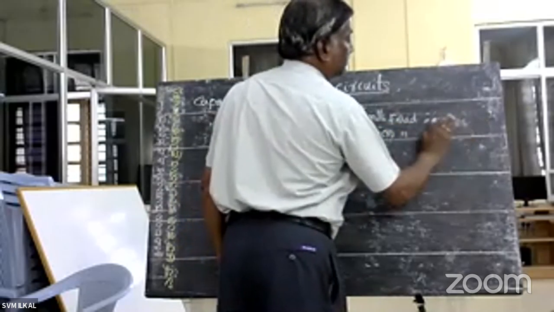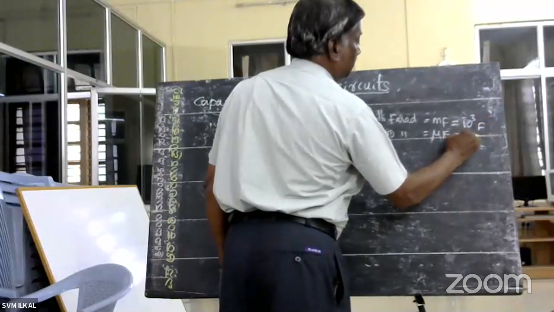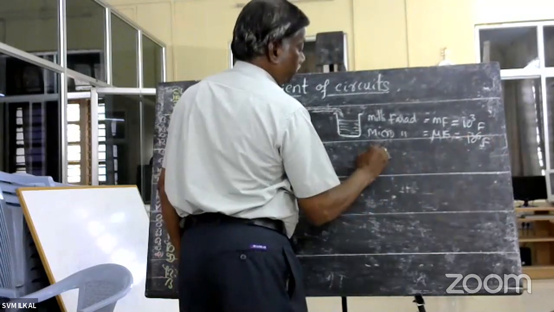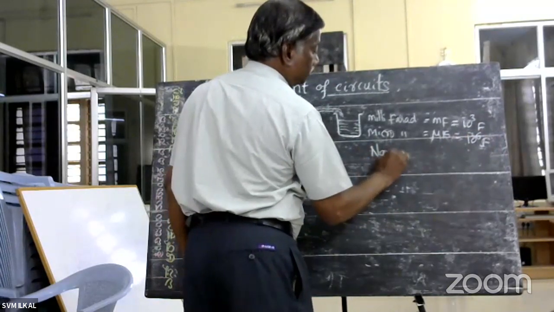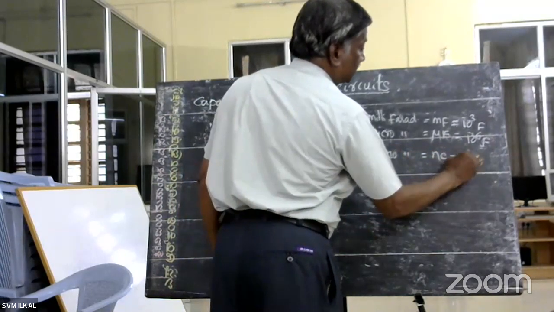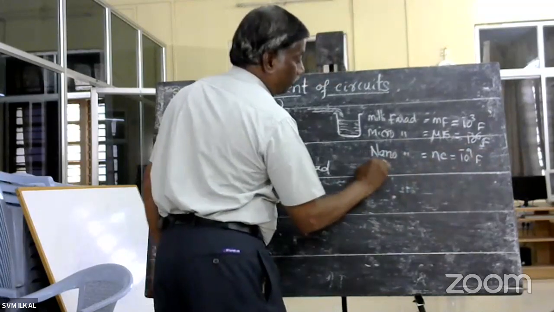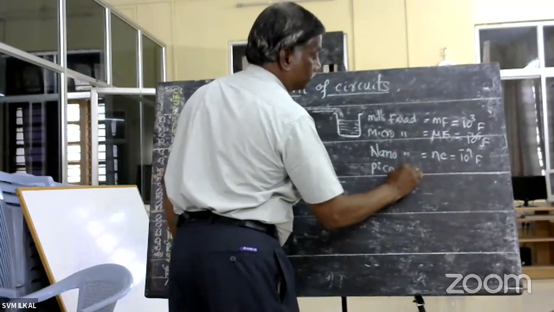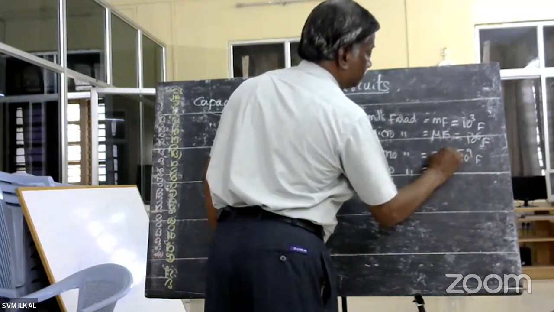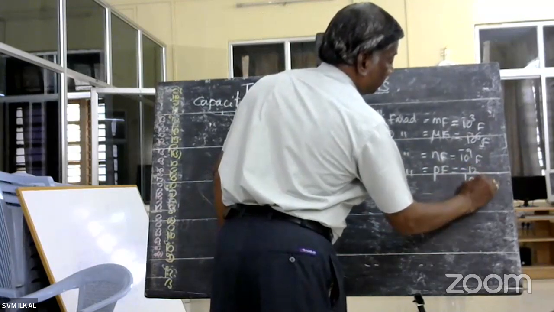Milli means 10 raised to minus 3 farad, micro is 10 raised to minus 6 farad, nano farad is equal to nF, that is 10 raised to minus 9 farad, picofarad, that is pF, pico is 10 raised to minus 12 farad.